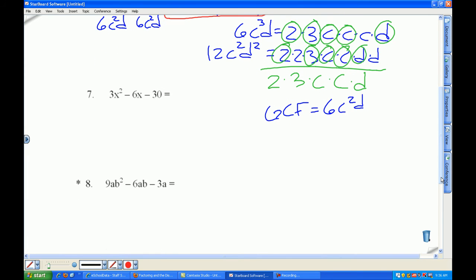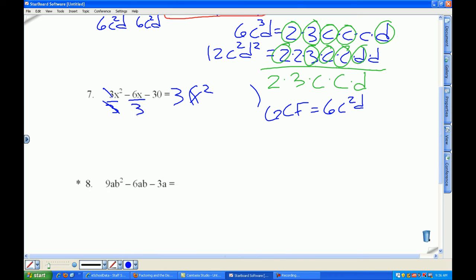Alright, number 7. 3x squared minus 6x minus 30. You'll notice there's no x here, so we're not going to factor an x out, and x will not be part of our GCF. Each of these terms is in fact divisible by 3, so why don't we just take that 3 out and see what happens. Okay, so 3x squared divided by 3. 3 goes into 3 one time. We'll be left with x squared.